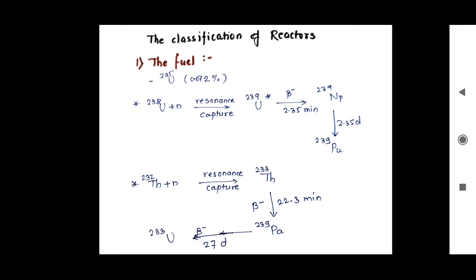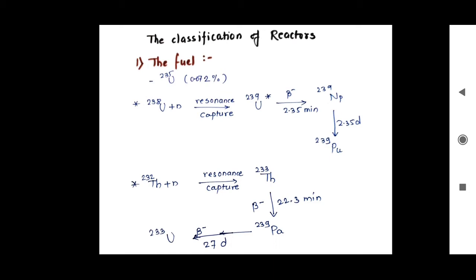When the uranium is enriched, with uranium-235 content nearly equal to 3.5%, the reactor is known as an enriched uranium reactor. A reactor containing plutonium-239 as a fuel, or a uranium-233 reactor, is also named this way. So the fuels are uranium-233, uranium-235 and plutonium-239, and depending on that the reactors are named.